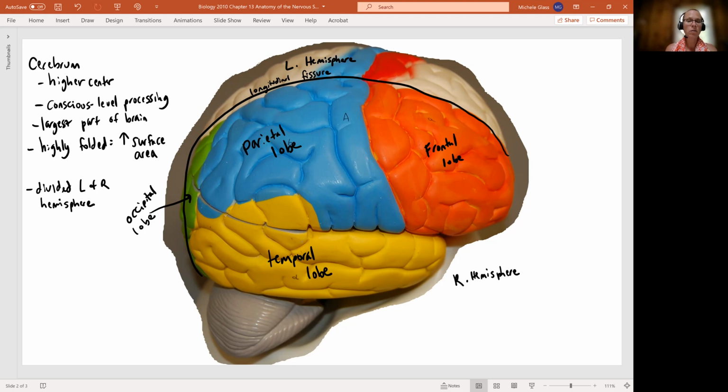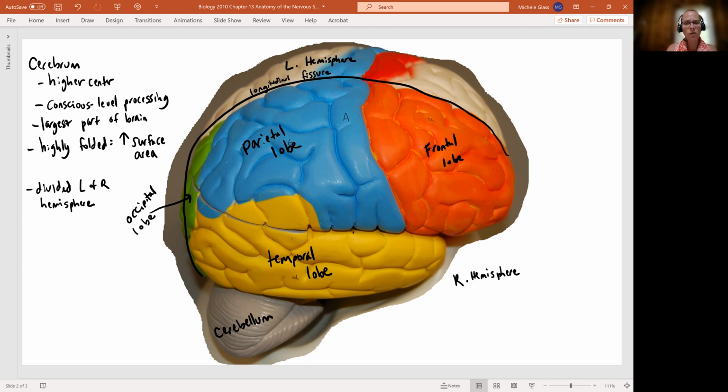Notice on this model, we have this gray tissue underneath the cerebrum, which is called the cerebellum. We're going to talk about this structure in a later video. Now, where the frontal lobe, parietal lobe, and temporal lobe come together, there's another fissure, described here as a sulcus. A sulcus is also a depression, but it's more shallow.